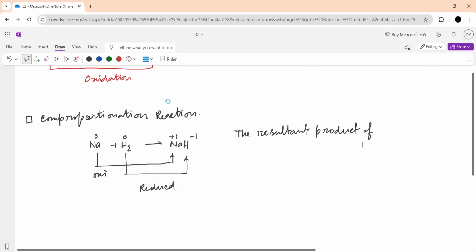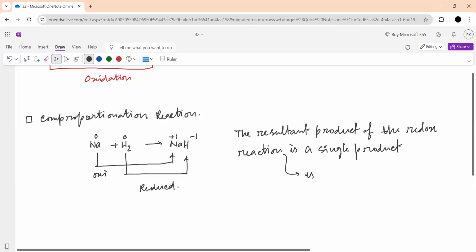Okay, so what is a comproportionation reaction? The resultant product of the redox reaction is a single product, or the resultant product of the redox reaction is the same.